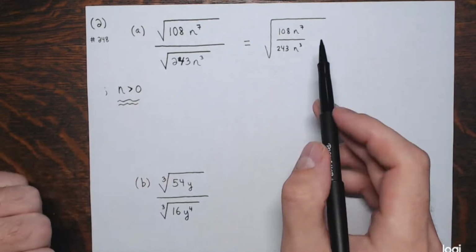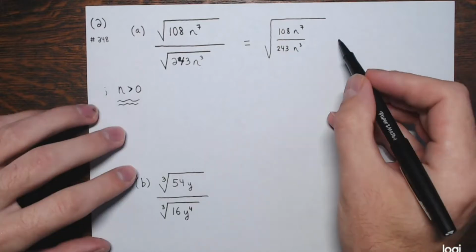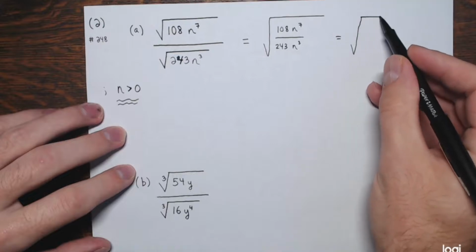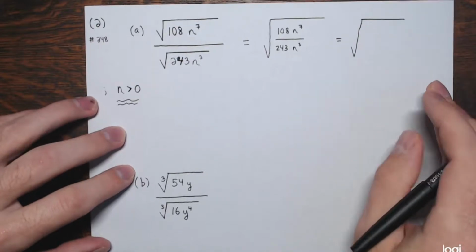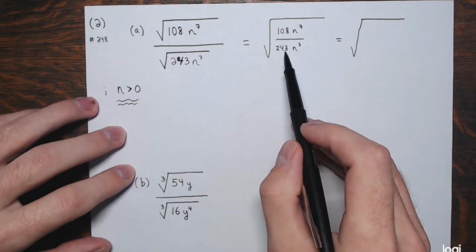Alright, and we'll simplify this fraction. So we're looking for common factors. I'll tell you right now, 108 and 243 have 9 as a common factor.